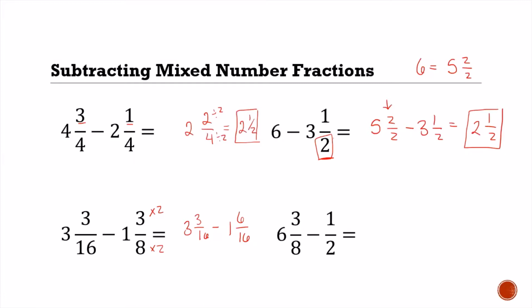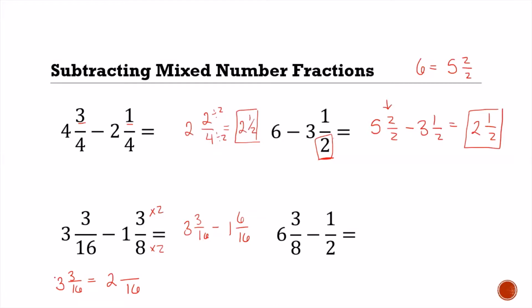So we're going to do what I call borrowing. This is one of the trickier things when it comes to subtracting. So we're going to borrow. 3 and 3/16, let's write that another way. 3 and 3/16 is equal to 2 and how many 16ths? What I'm going to do is borrow a whole.